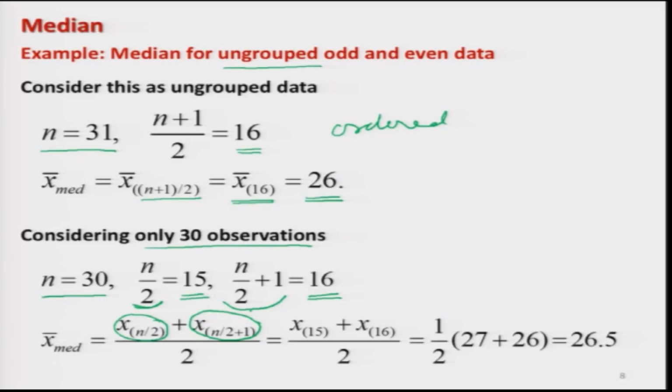Essentially, this is the arithmetic mean of the 15th and 16th ordered values. From the data, the 15th ordered value is 27 and the 16th ordered value is 26, so the median comes out to be 26.5.